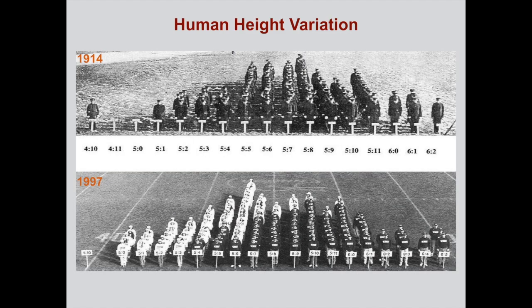Here is an image from 1997 at the same college, which shows the distribution of heights. And if you look carefully, you see that more people are taller. And this can be due to multiple environmental and possibly genetic effects. But it seems that as a human population, we're growing.